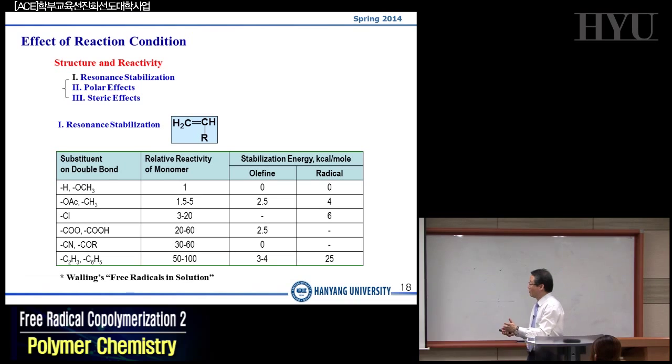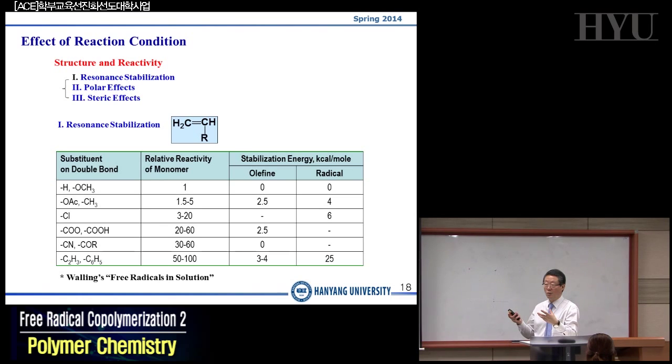So from this table, we can see that the structure of your substituent group, in other words, the structure of your monomer, greatly influences the reactivity of your monomeric systems. Okay? Now, this is the one monomer system, but we are talking about copolymer systems. So we have to know the 2 monomeric systems.